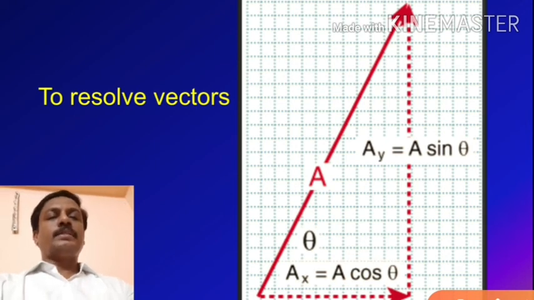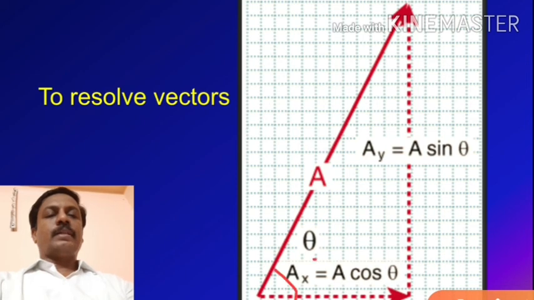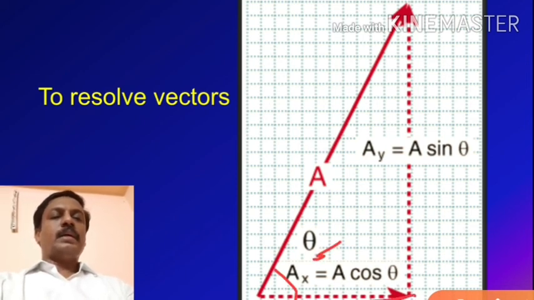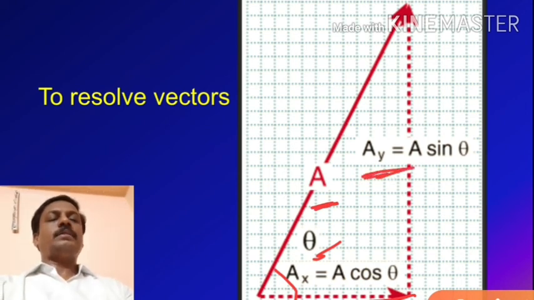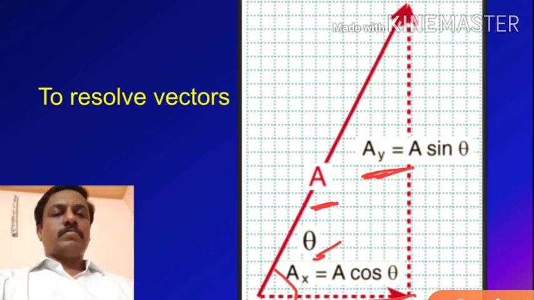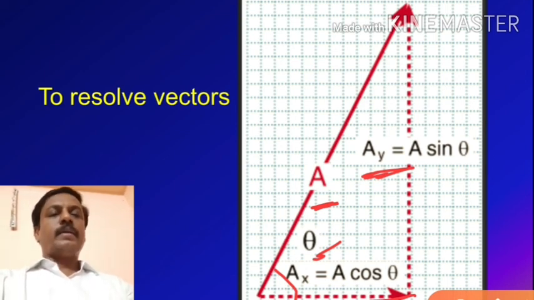So here, if A is a vector and it makes an angle theta with the x-axis, then Ax equals A cos theta. That means the x component of A is A cos theta and the y component of A is A sin theta. This is how we resolve a vector. We will learn this in PUC in detail.